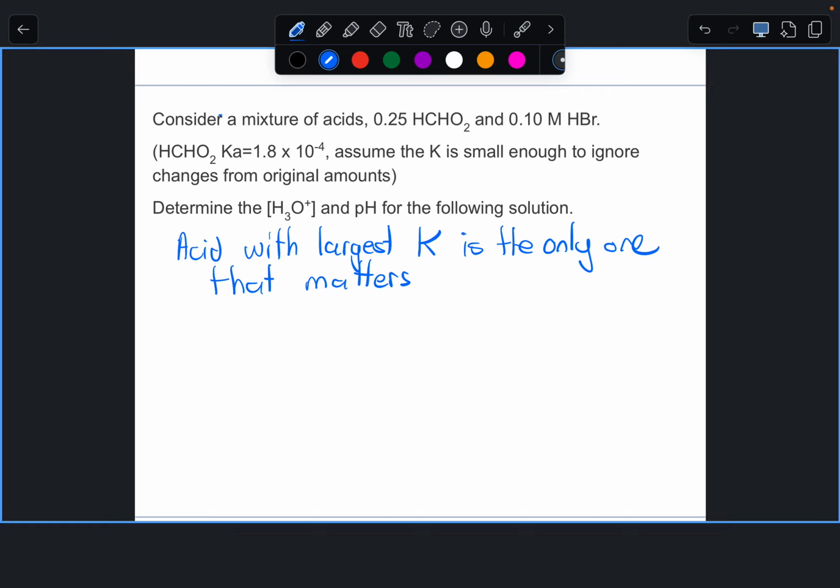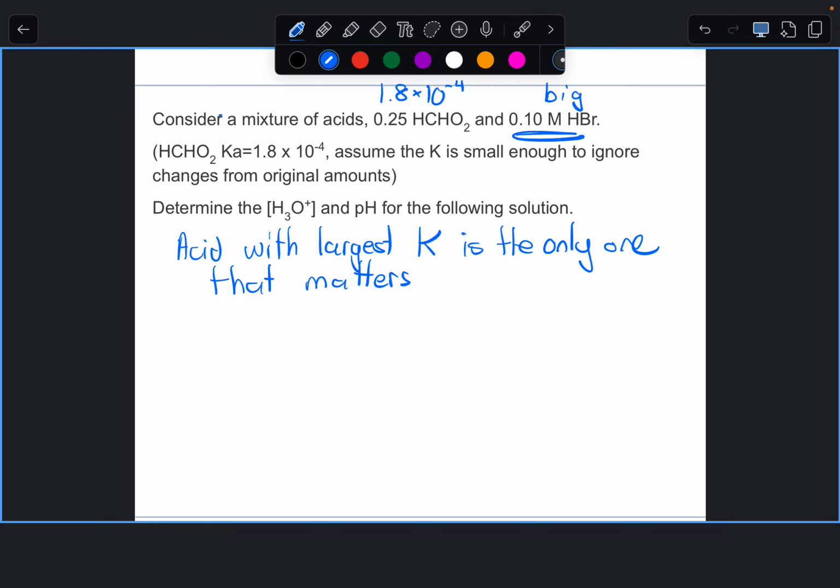Now, like I said, I may go in and remove these questions from the homework anyways because the book presents it a little bit different. But when you look at this question, there's 0.25 molar of that weak acid and 0.1 molar of the strong acid. So they give you the K here, 1.8 times 10 to the negative fourth, and then we know that this one is big, right?